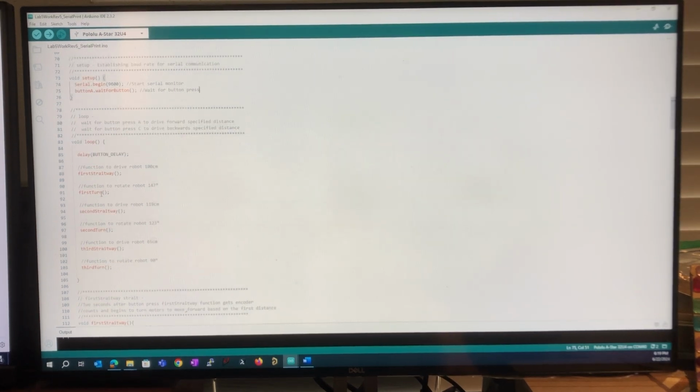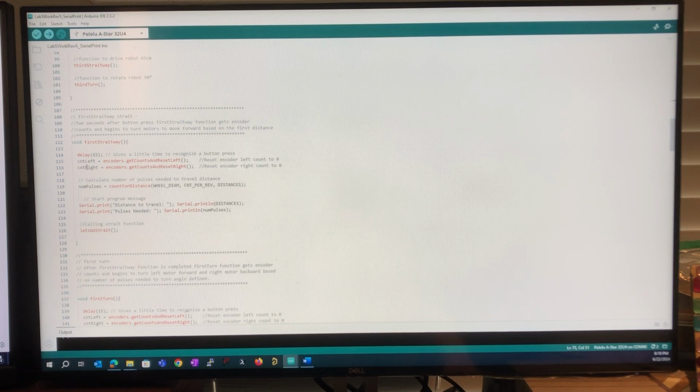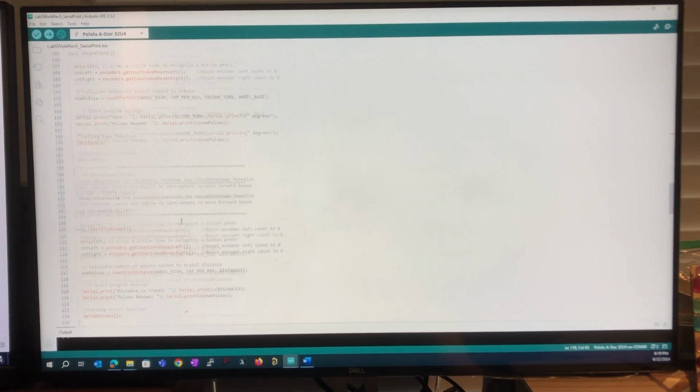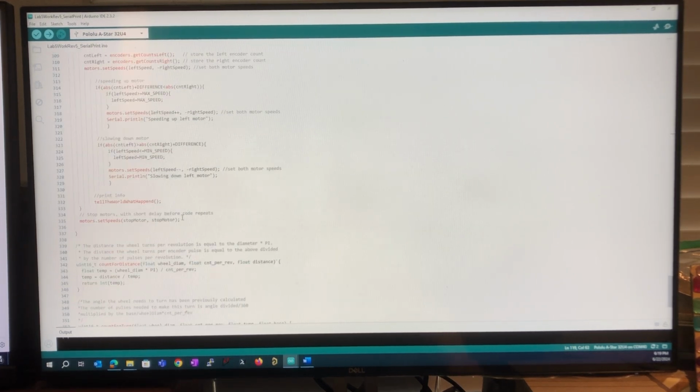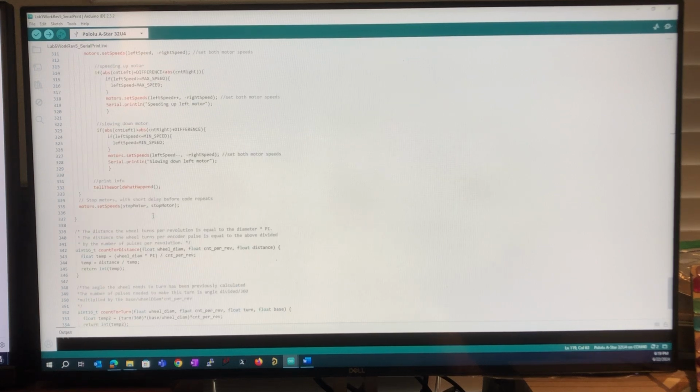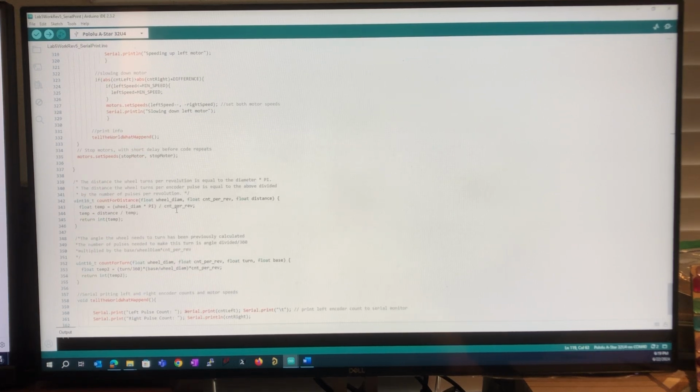Okay, so for our first straightaway, we will reset the left and right encoder counts. Then we'll need the number of pulses to go distance 1, which in this case is 100 centimeters. This function was provided for us in the example, and it's taking the count for distance.